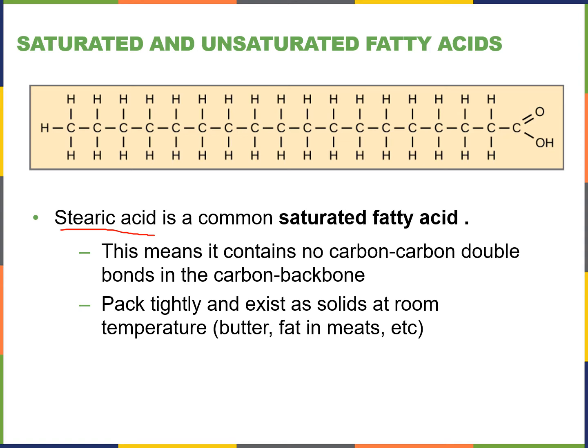What this allows for is that the lipids made with stearic acid or other saturated fatty acids can pack in closely. So when they're in membranes or they're in fats, they pack in tight, which means that at room temperature, these are going to be somewhat solid. Think butter. Think the fat you're going to find in animals.